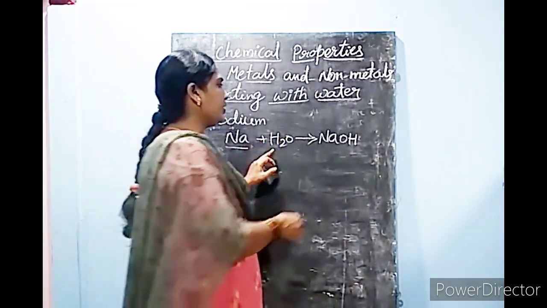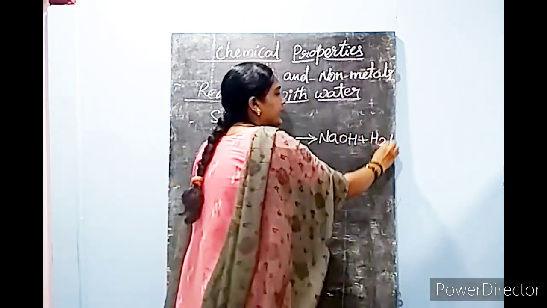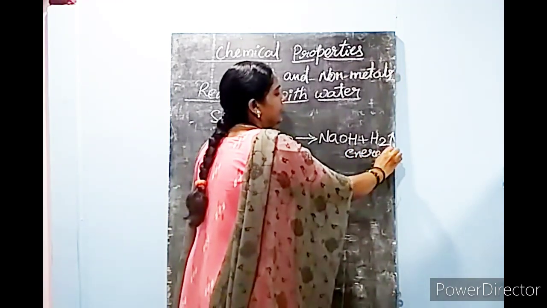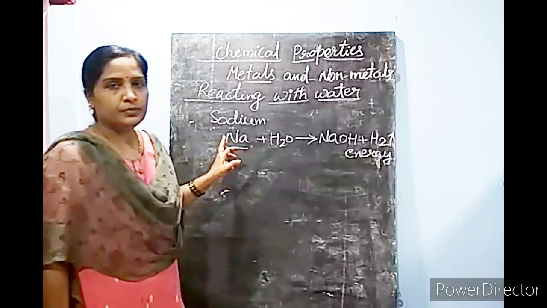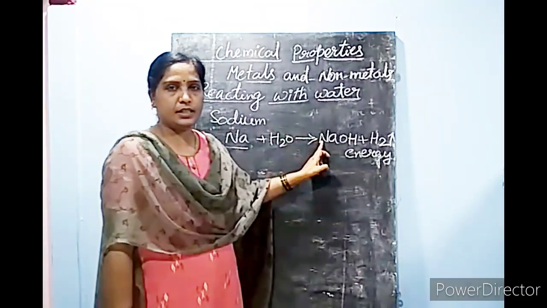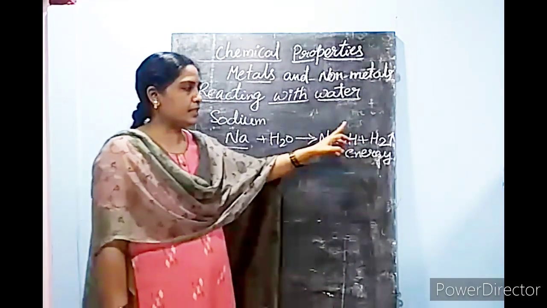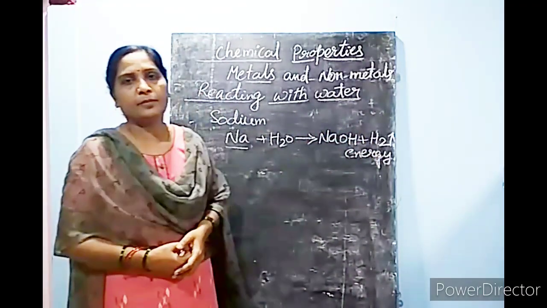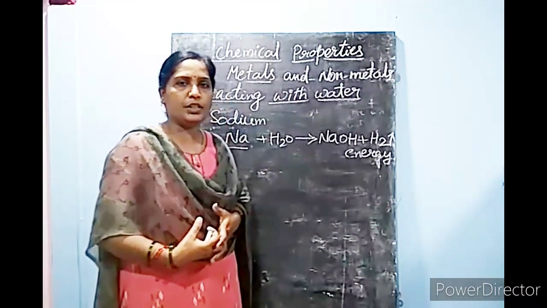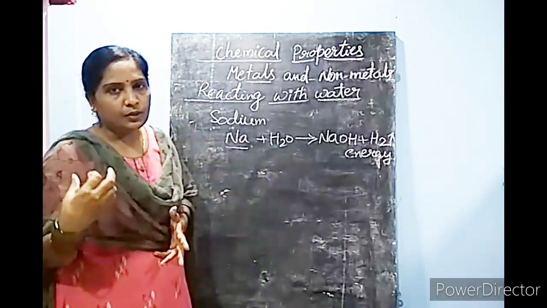One O, one H is over. Still, hydrogen gas is released outside and some energy is also released. So when sodium reacts with water, it releases sodium hydroxide plus hydrogen gas. This hydrogen gas is released along with some energy and there is a chance to catch fire.